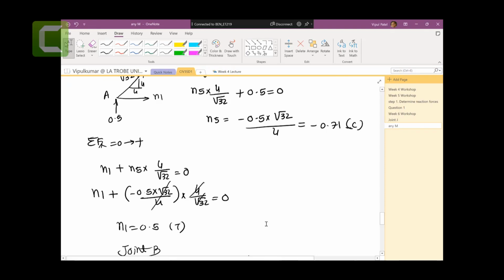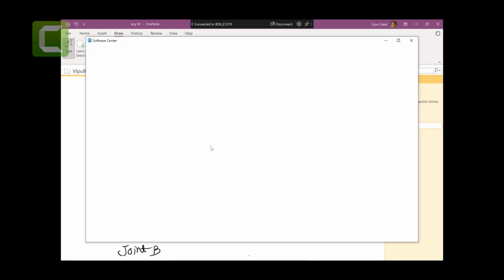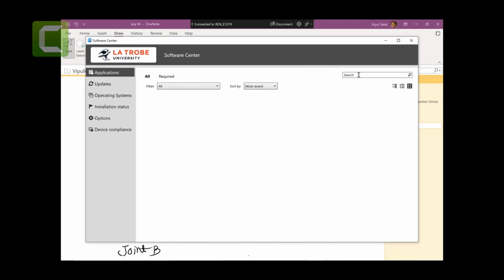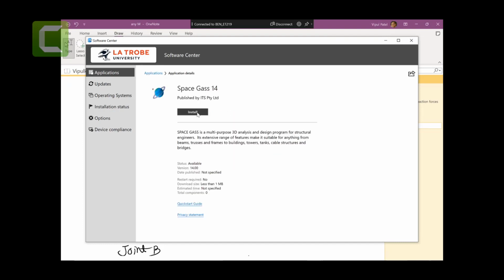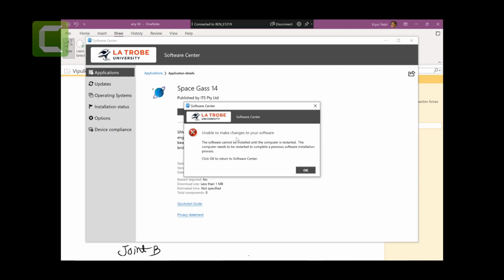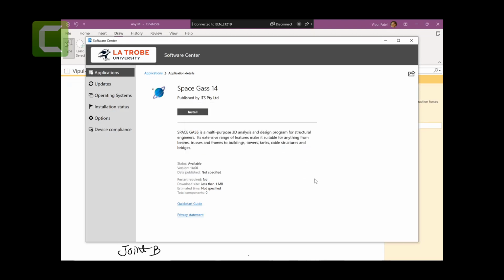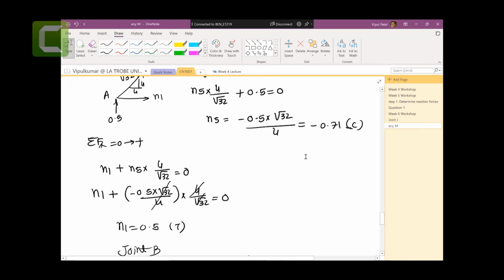Give me a minute, maybe at the end I will show it to you if it is loaded from the Software Center. I think this is required. I think that's okay. I think you know the SpaceGass things.